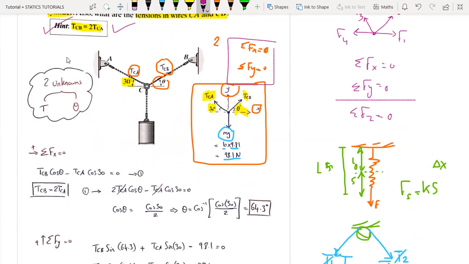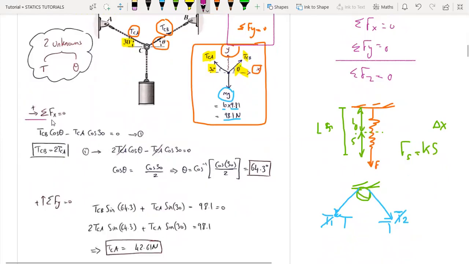Now you can see I took the summation of forces in the x direction. TCB cosine theta is positive because it's directed in the positive x-axis, minus TCA cosine 30 equals 0, because we are in a statics course.